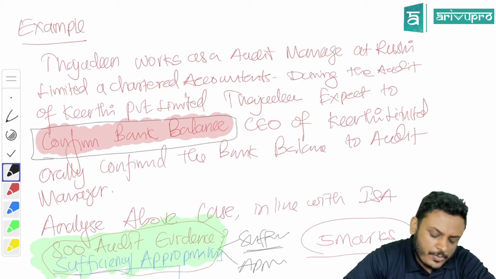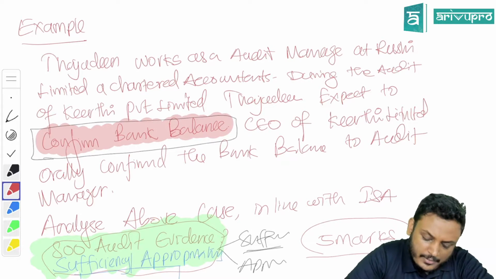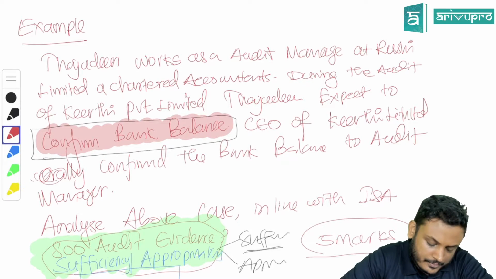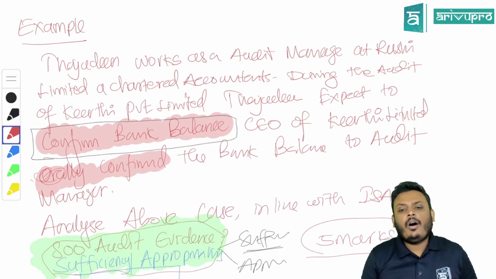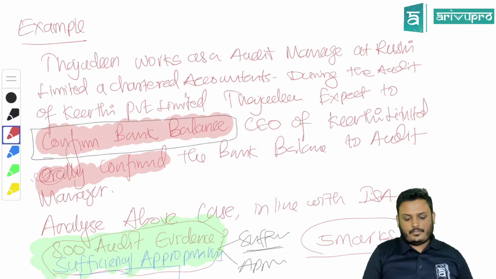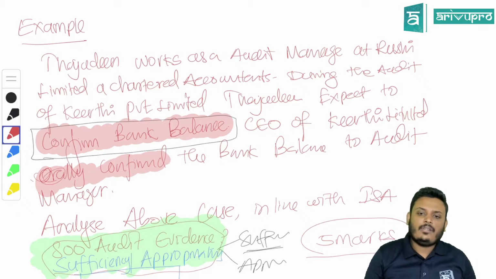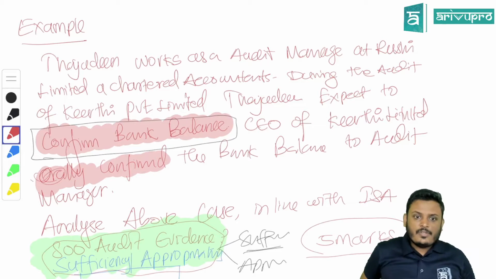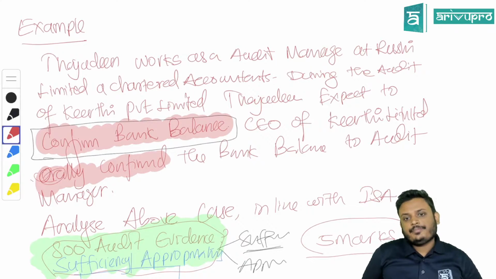And how is this particular person confirming? Orally. So see, oral confirmation. Is it sufficient? Normally cash and bank is subject to risk, so risk is very high in that case.